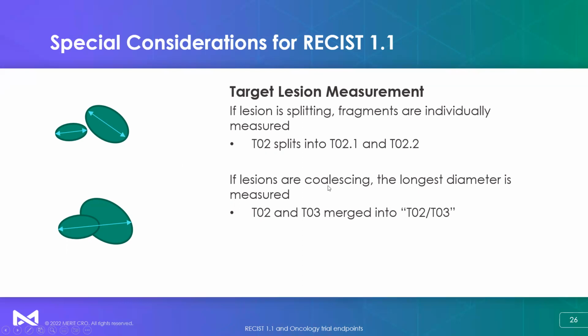If lesions are truly merging, the longest diameter of the one merged item should be measured. For example, if target lesion number 2 and number 3 are merging, the lesion ID would become 02/03, and the diameter would simply be measured for the combined lesion. That length would be used to calculate the sum of diameters at the time point where the lesion merging has happened.